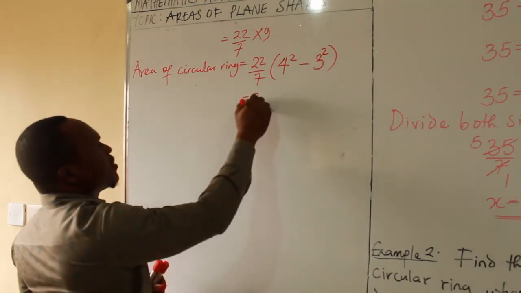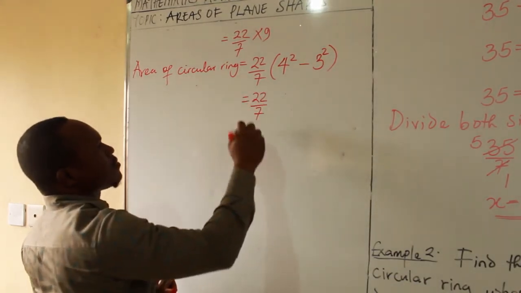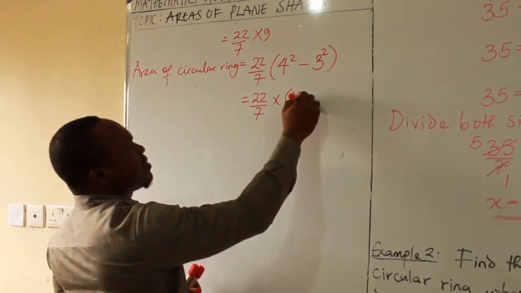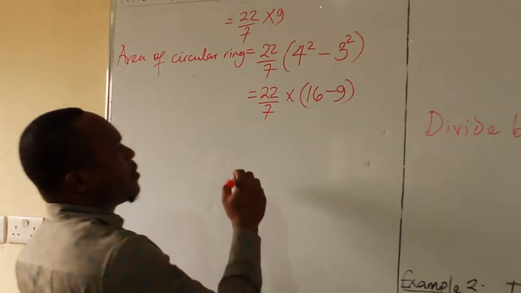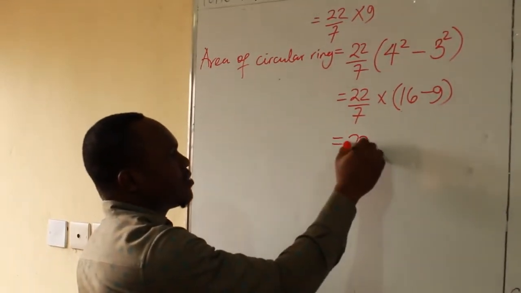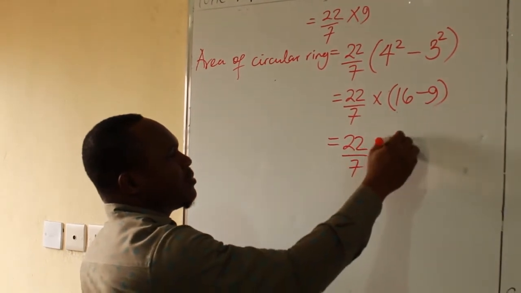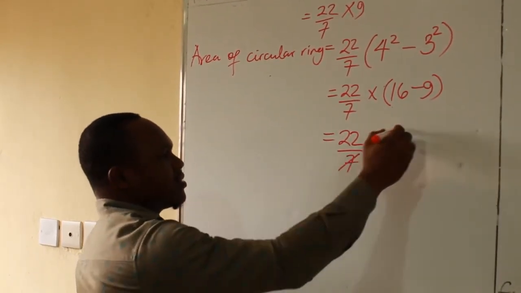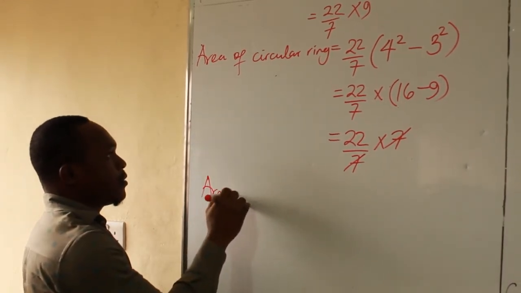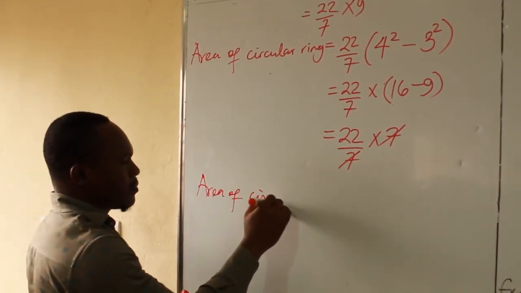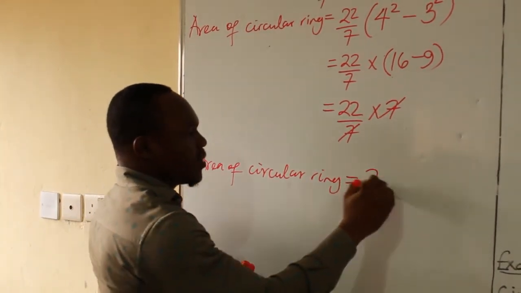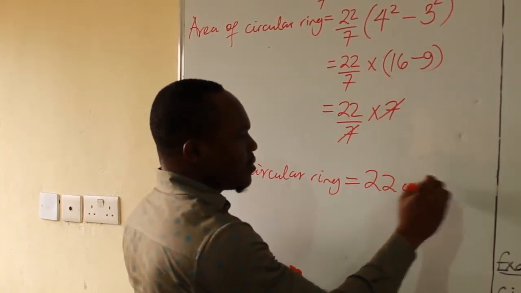So we have 22/7 multiplied by 16 minus 9. And 16 minus 9 gives us 7. So we have 22/7 multiplied by 7, which cancels itself out to give us our area of circular ring equal to 22 centimeter square.